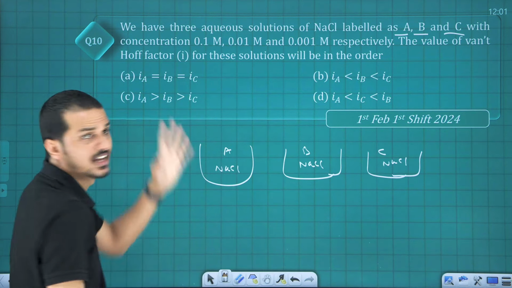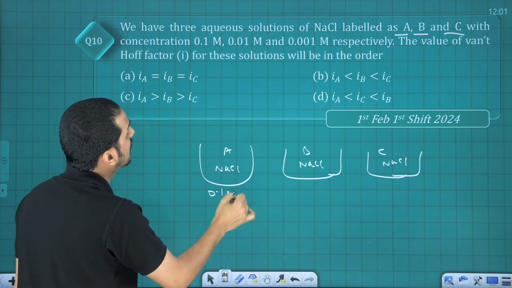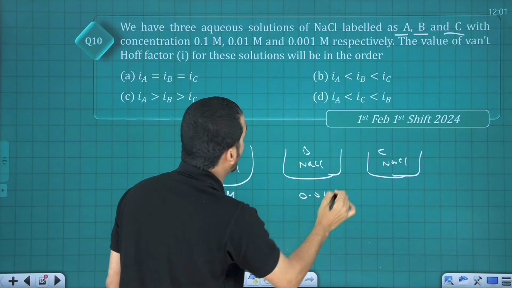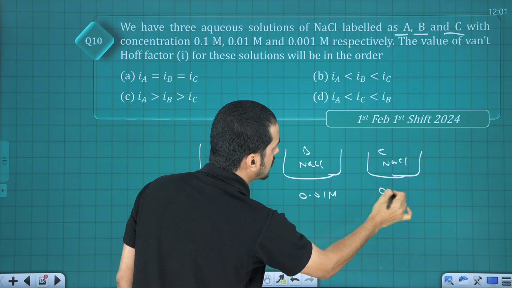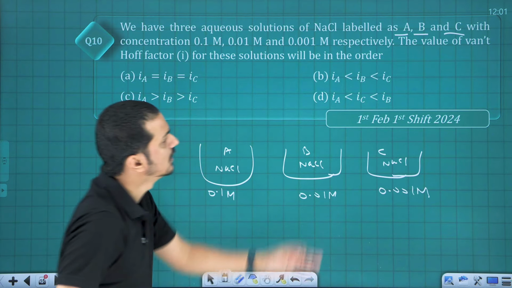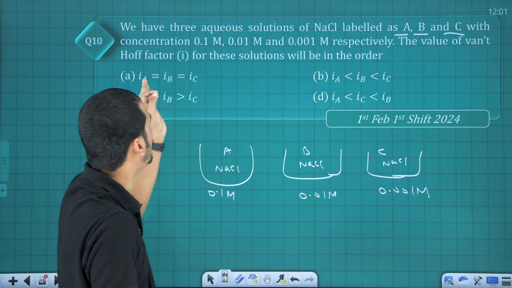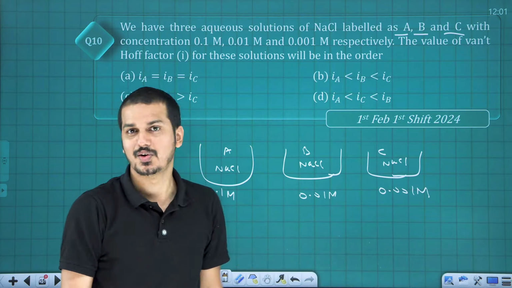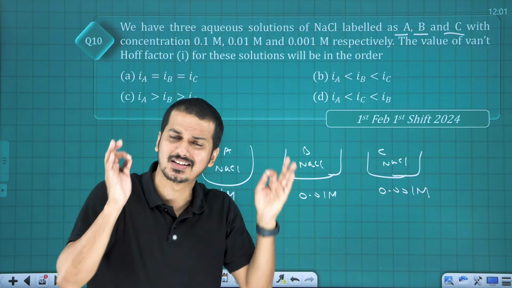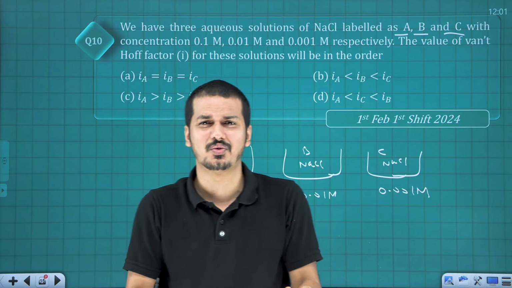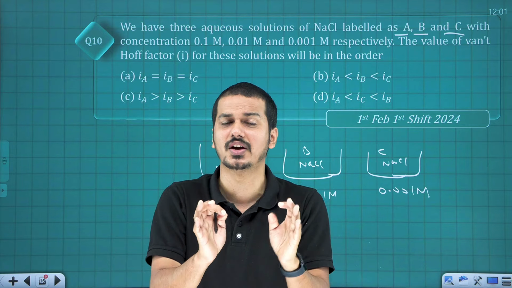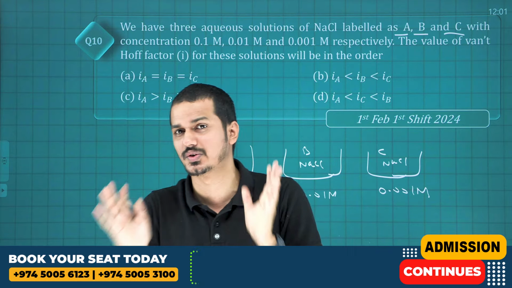Okay, the concentrations given are 0.1 molar, 0.01 molar, and 0.001 molar. Then they are asking for the value of the Van Hoff factor. Only one thing you have to remember: the Van Hoff factor was introduced only to find the degree of dissociation or degree of association.